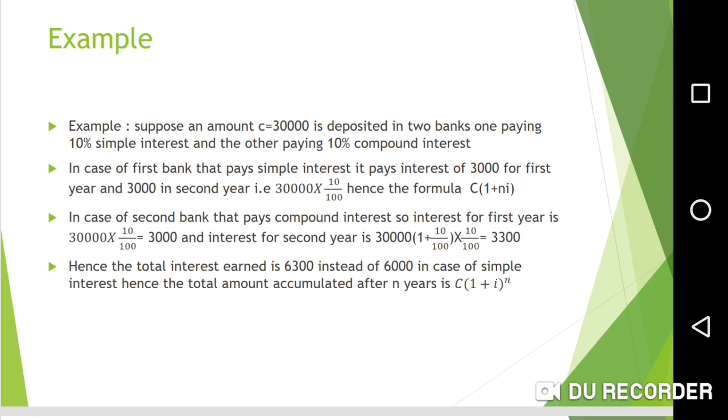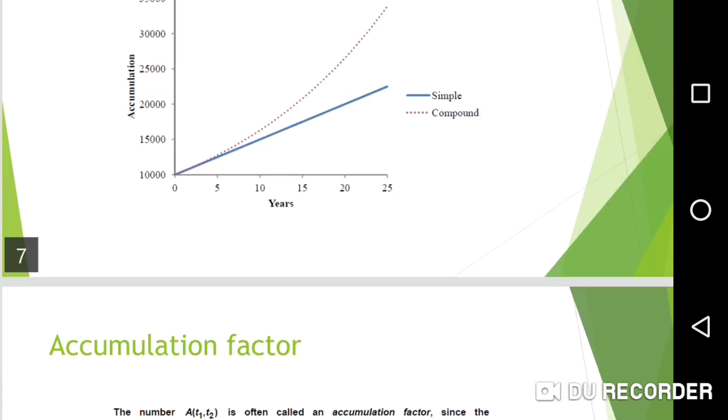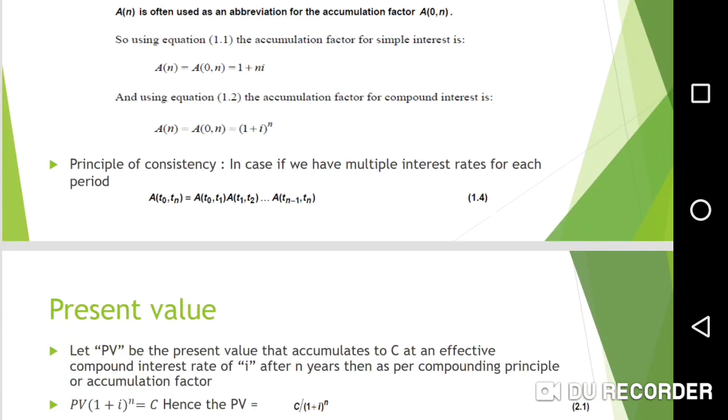Then we have to calculate separately, and even then it will be the same. We will get a 33,000 accumulated value after 1 year, and then we will invest the 33,000 for the second year at 11% and we'll get a different value. So this principle of consistency is mainly used when there is a change in the interest rates in multiple time periods.